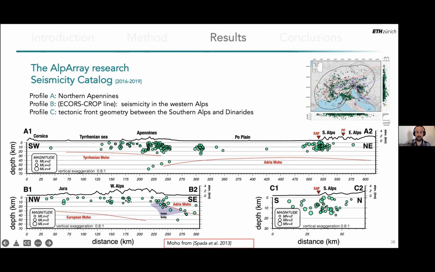And also we can appreciate the seismicity derived from the uprising mantle material that is called the Ivrea body, just beneath, eastward of the Western Alps.